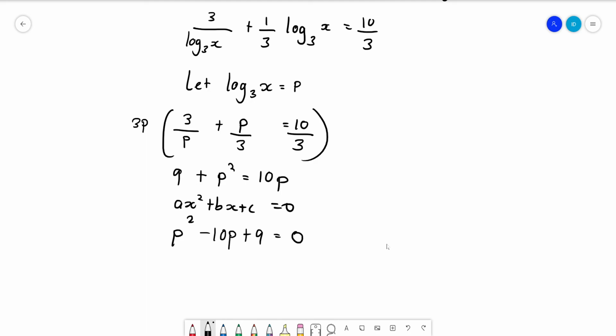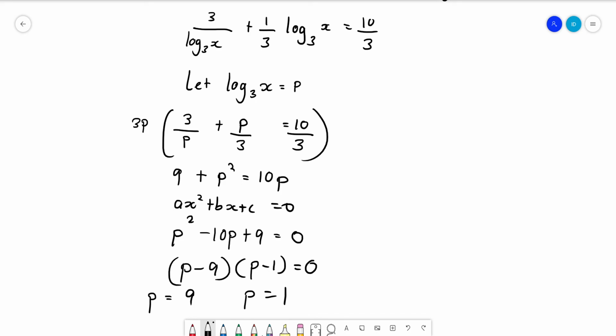This should be the right one. I am so sorry. So it should be 1, negative 10, 9, and we should get p minus 9 and p minus 1. Now we know both of our p values, which are p equals 9 and p equals 1.